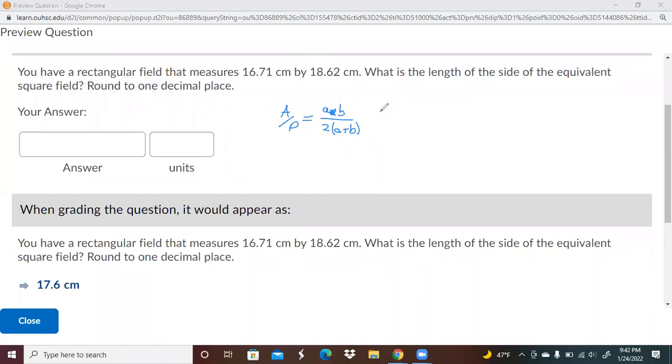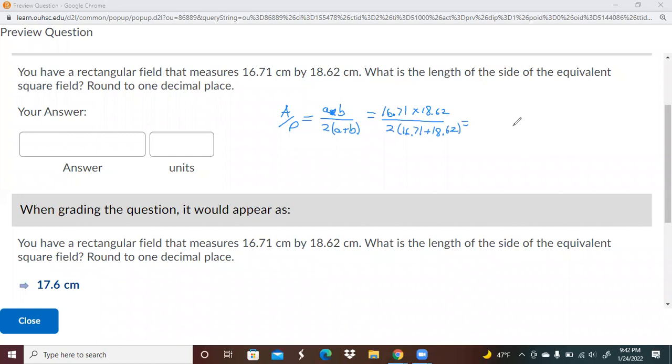So in this particular case, we're going to have 16.71 times 18.62, all divided by 2 times 16.71 plus 18.62. If we multiply all that out, what do we come up with?